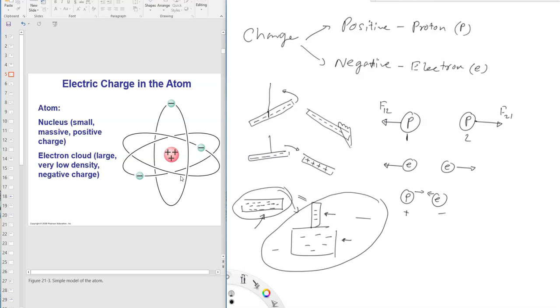Electric charge in the atom. Now you are all familiar with atoms, molecules, ions, those kinds of key terms. I believe you have taken introductory chemistry classes, so these things are discussed. Again, an atom is the smallest building block of matter, right?